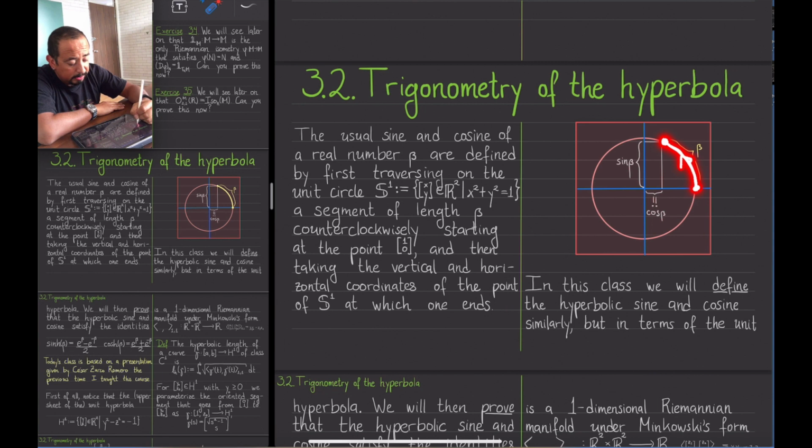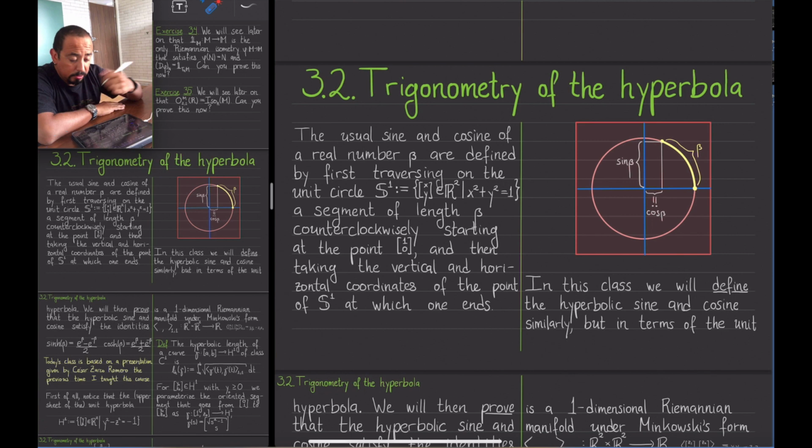And if beta is negative, then one starts in the point (1, 0) and traverses clockwise. And then one traverses on the unit circle a segment of length the absolute value of beta, and then sees the point where one ends. The coordinates of this point, since we are working on the unit circle, are by definition the cosine and the sine of the real number beta.